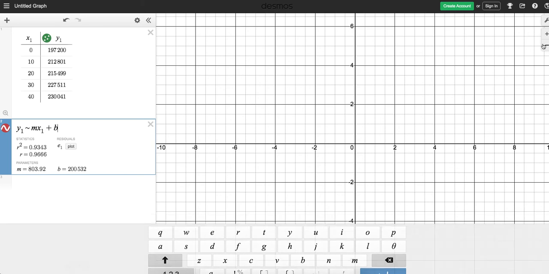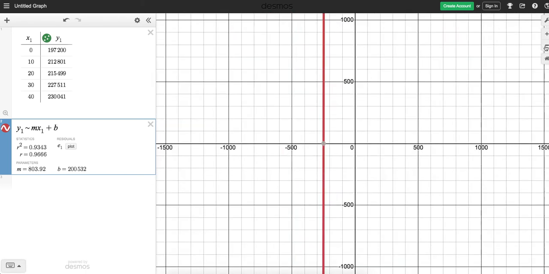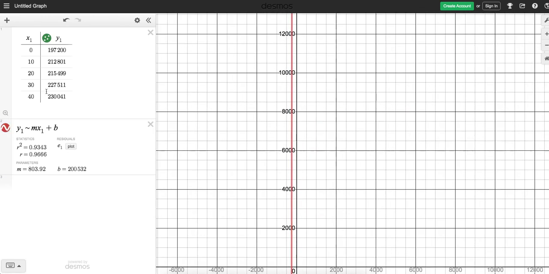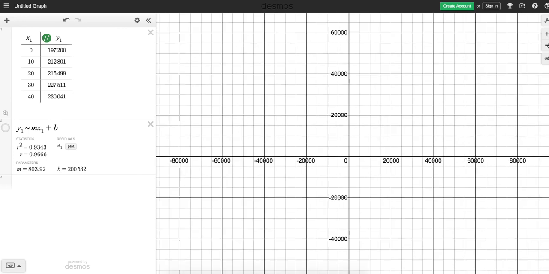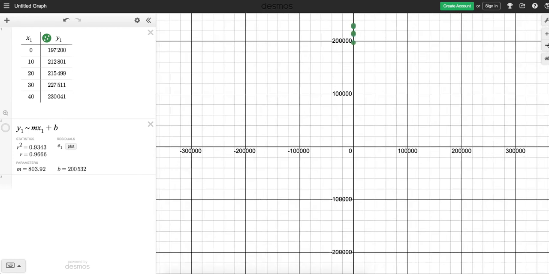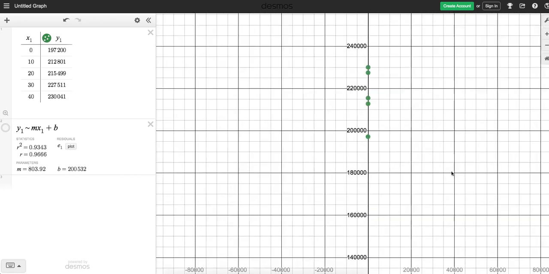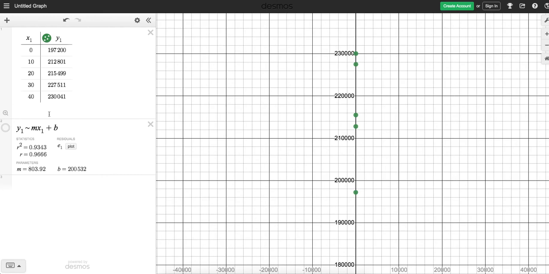0.9666. So if we zoom out, and just trying to find the points here, hide the line for a little. If we zoom out, there they are. So there's our data points, and they look like they're a vertical line because the slope is pretty high.